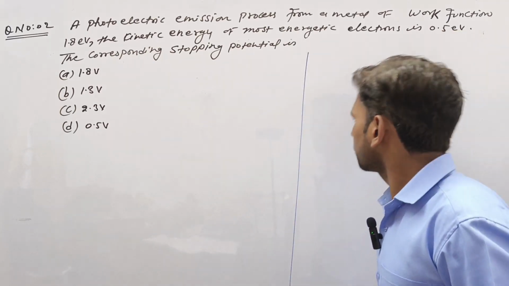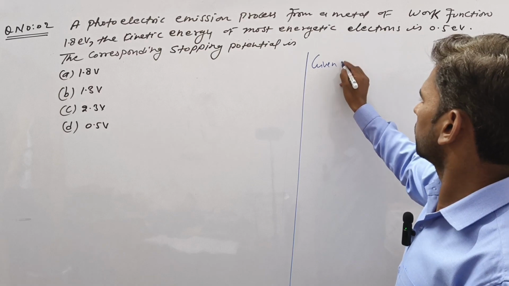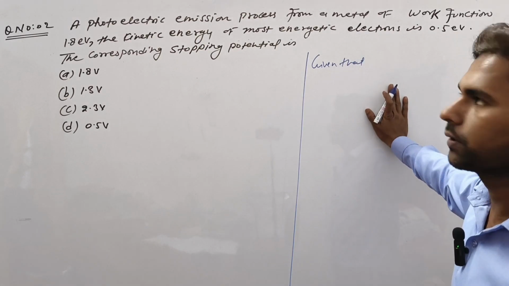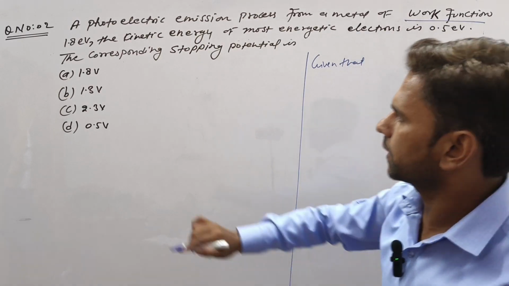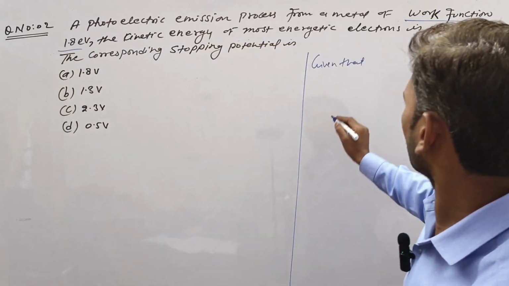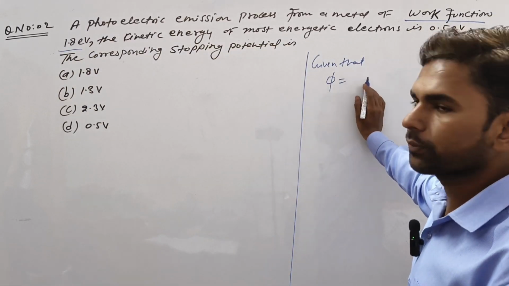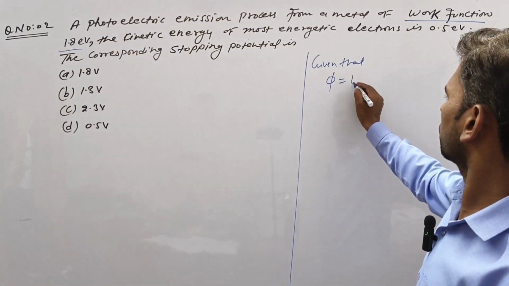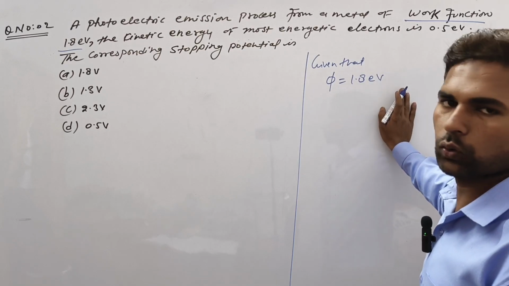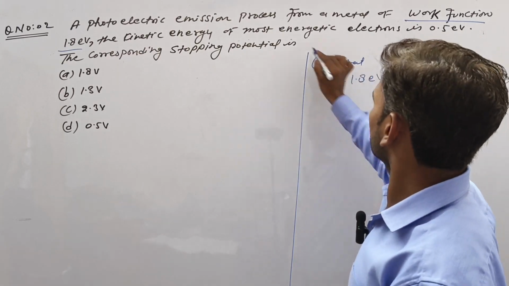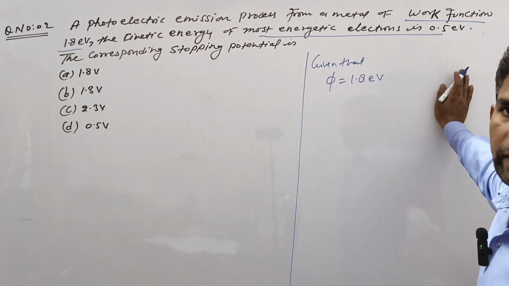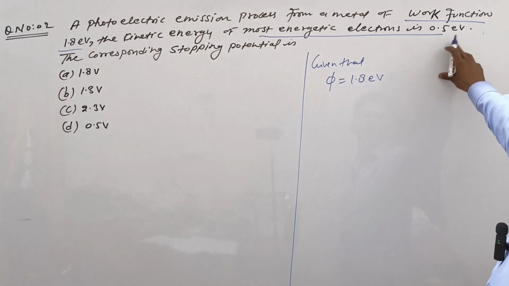Listen, first you will mention what is given here. Given that work function is denoted by phi, so phi is given as 1.8 electron volt. And the second thing, the most energetic electron is given as 0.5 electron volt.